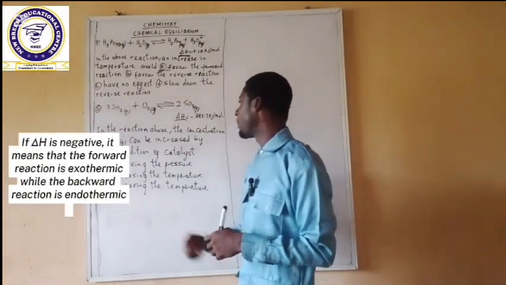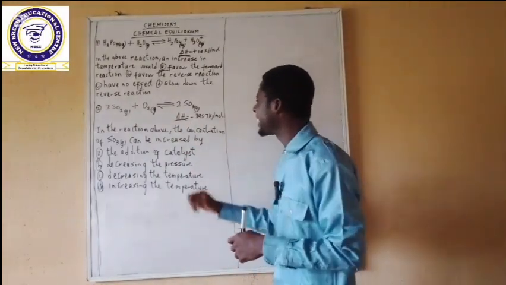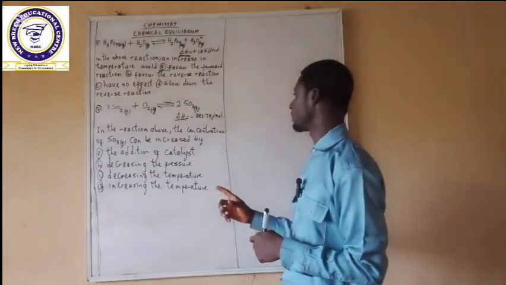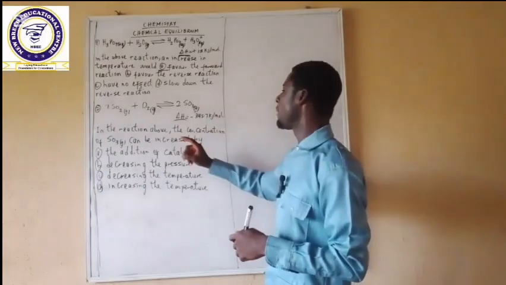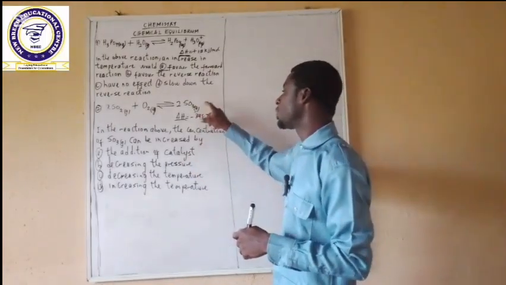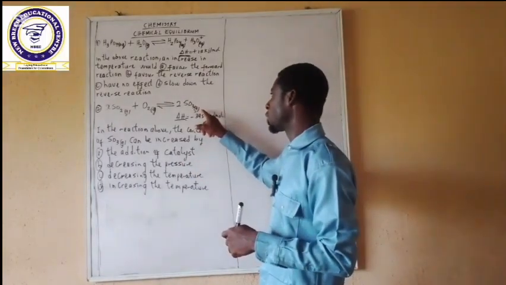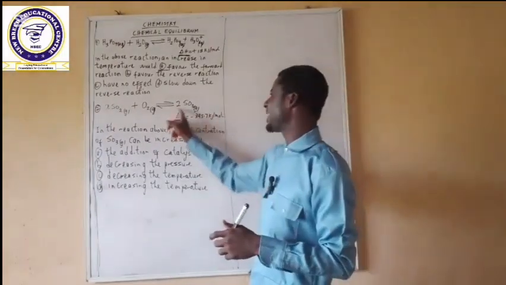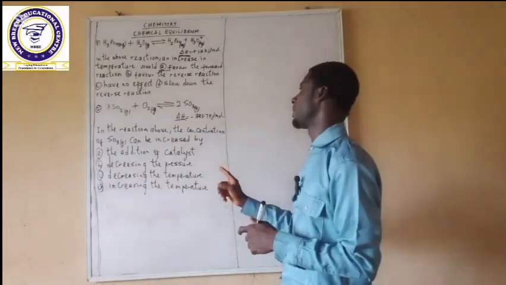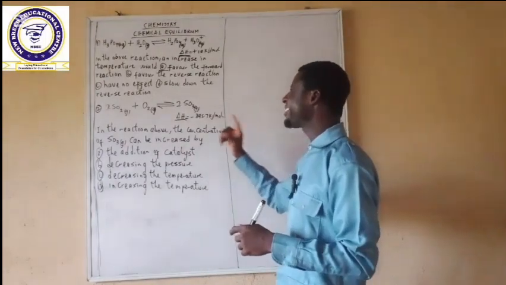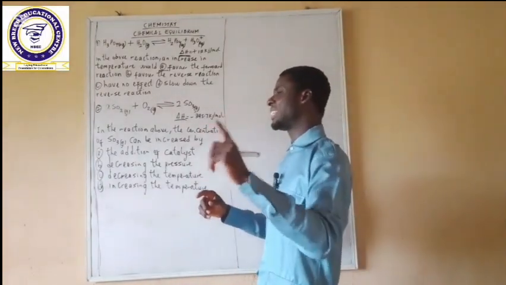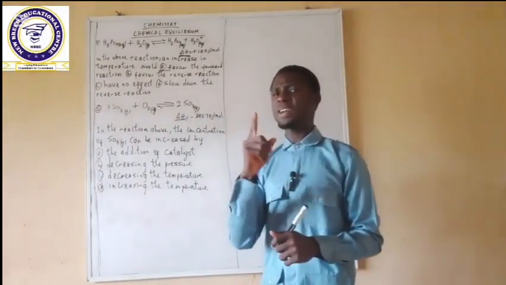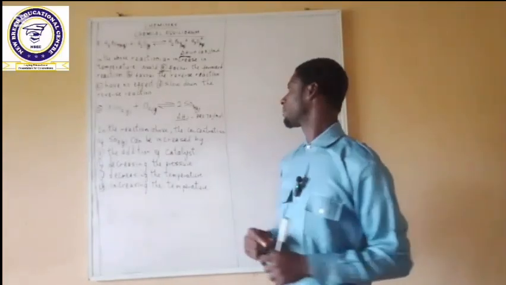In the reaction above, the concentration of SO3 can be increased by. This question means: what will cause the equilibrium position to shift towards the production of SO3? And since we said that the forward reaction is exothermic, note that increase in temperature will affect the endothermic side, and decrease in temperature will affect the exothermic side.